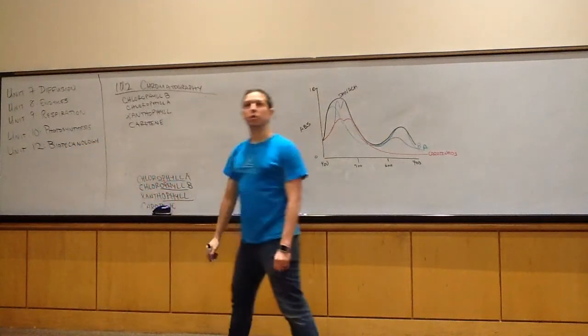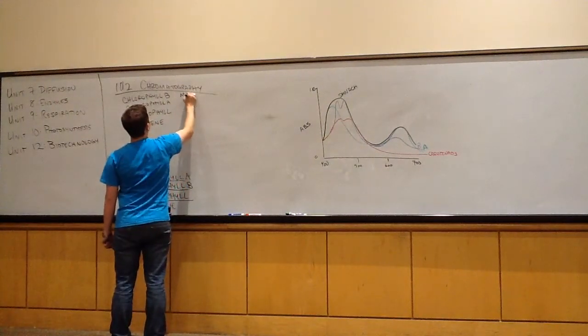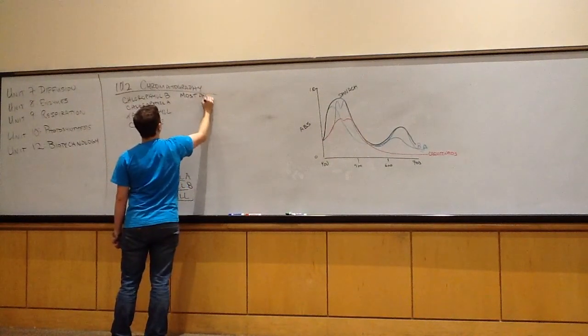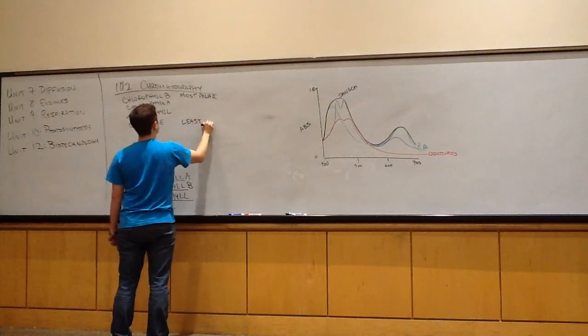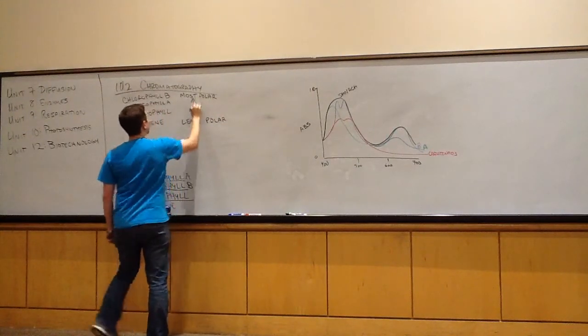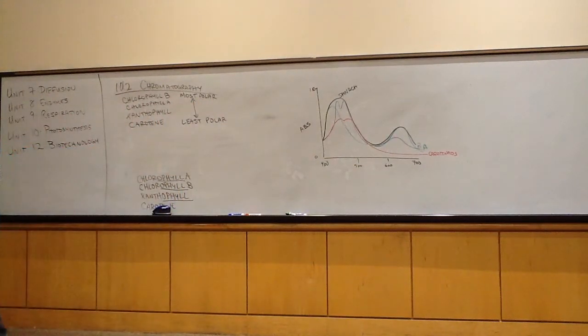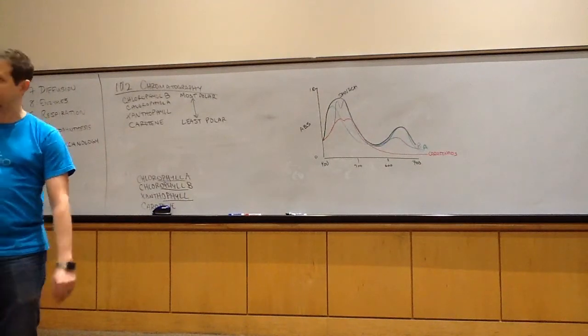If you rank them in terms of polarity, what you would find is your most polar would be chlorophyll B, and your least polar would be carotene. So that would mean chlorophyll A is less polar than chlorophyll B, but more polar than xanthophyll. And xanthophyll is less polar than chlorophyll A, but more polar than carotene.